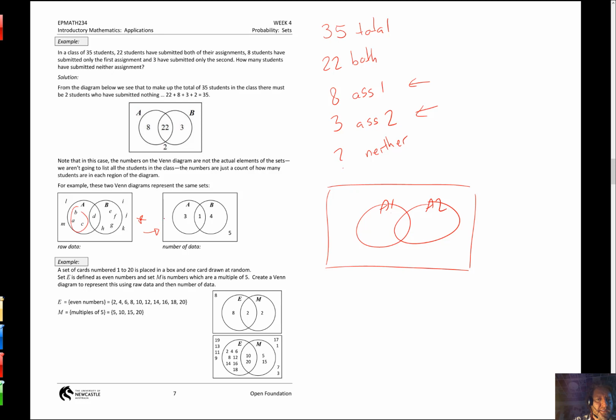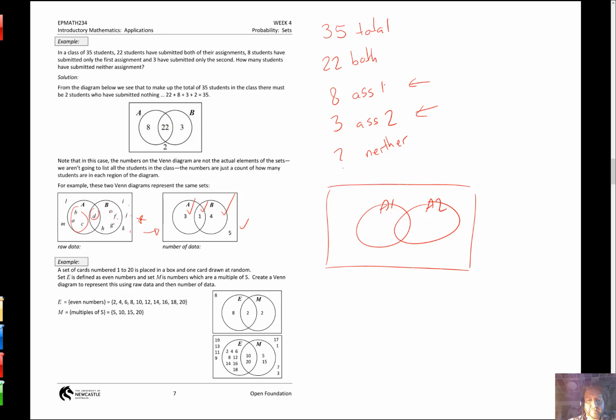There are 3 elements here, check, 1 in the overlap, check, 1, 2, 3, 4, check, 1, 2, 3, 4, 5. So we can do Venn diagrams either way, either listing all the elements, or listing, let's get technical, the cardinality. In other words, the number of elements that are in there. All we've got is a number.